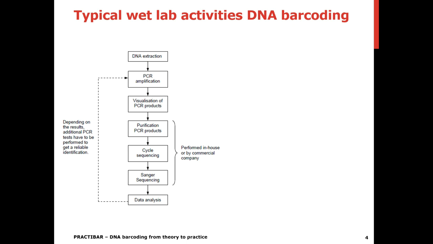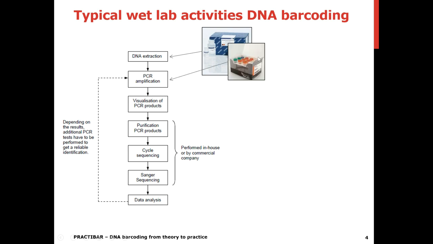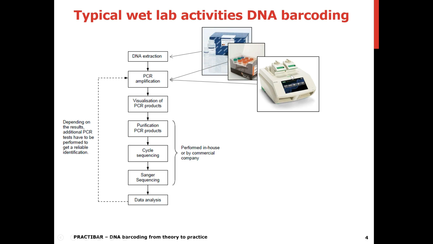So, what is happening typically in the lab about DNA barcoding? So, you start with the DNA extraction, so you need a specific kit for that. Then you perform the PCR amplification with a polymerase kit, and you perform that in a PCR machine. Then you visualize your PCR product on a biogel electrophoresis.